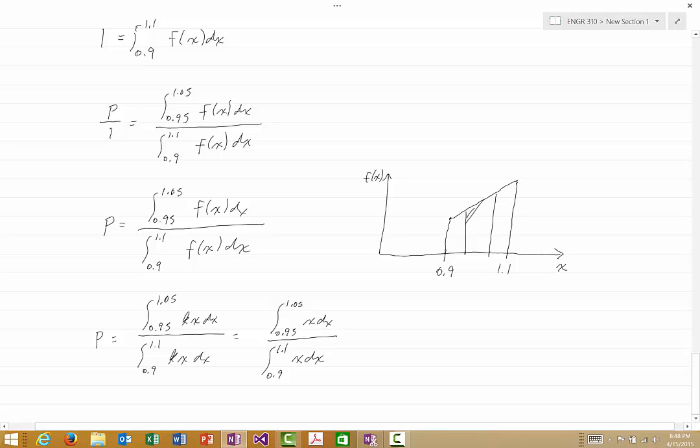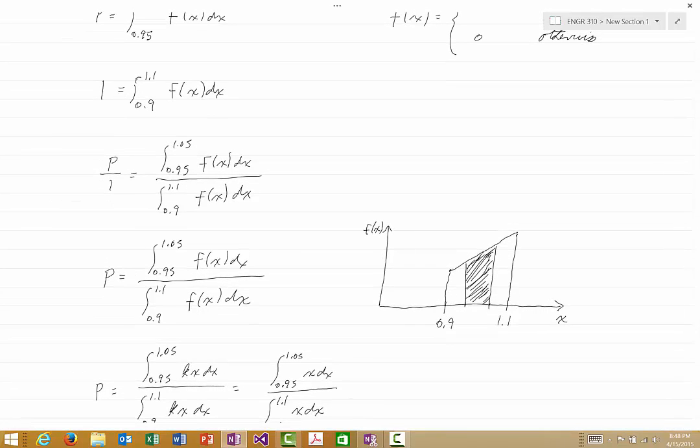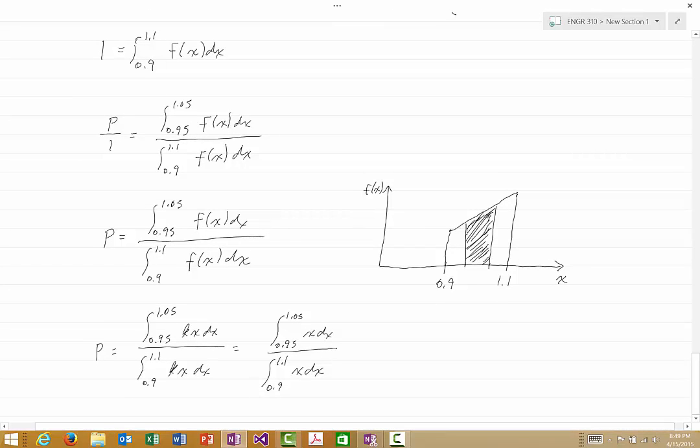So this area right here is p. And so what this equation tells us is that the probability is simply the ratio of this area to the entire area. And once we know that, then we don't have to calculate k at all.